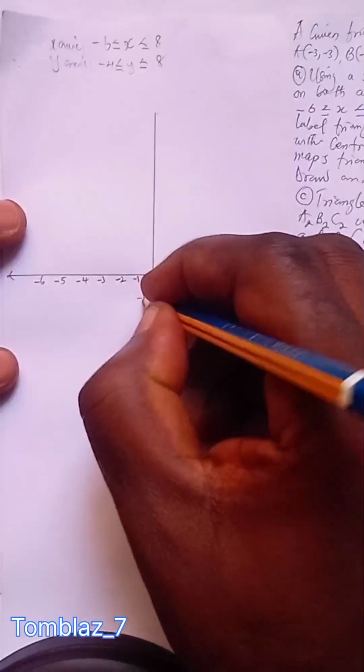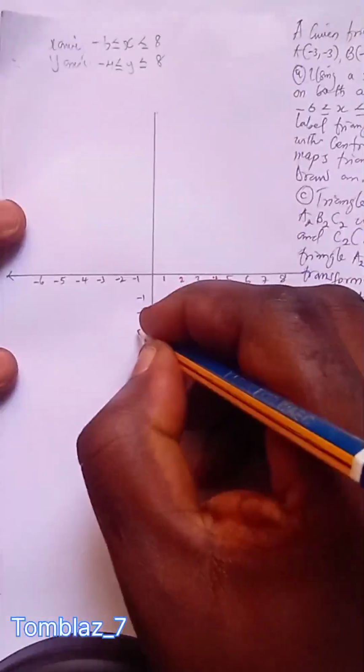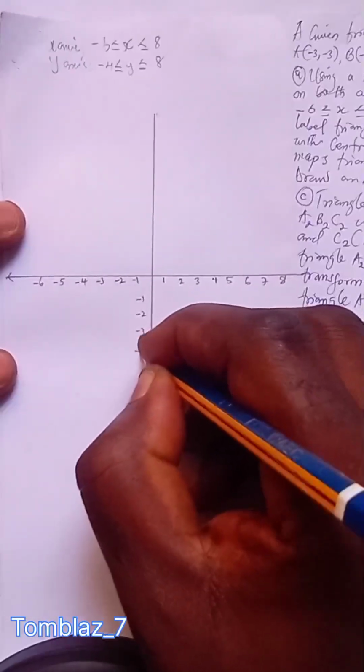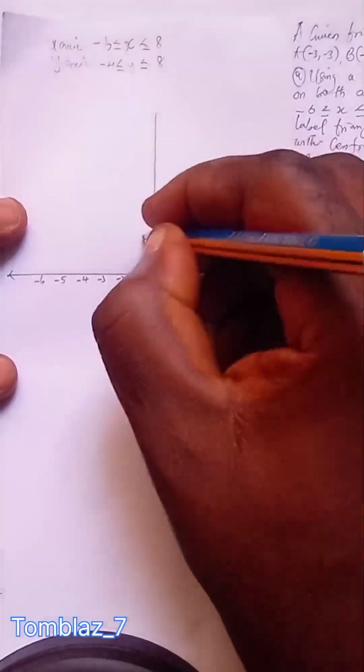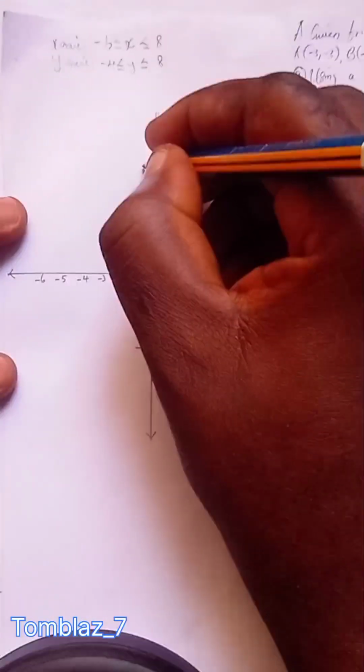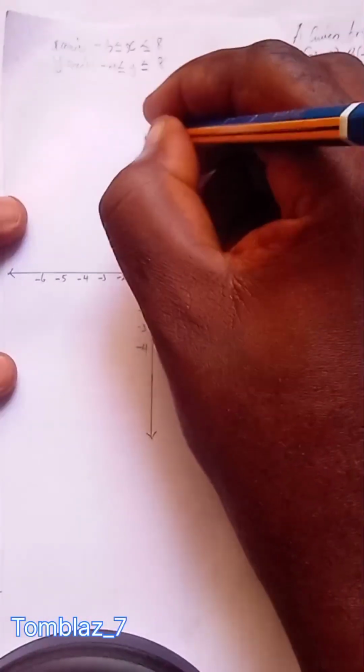Then for the y-axis, minus 1, minus 2, minus 3, minus 4. Then for the plus, we have to 8: 1, 2, 3, 4, 5, 6, 7, 8.